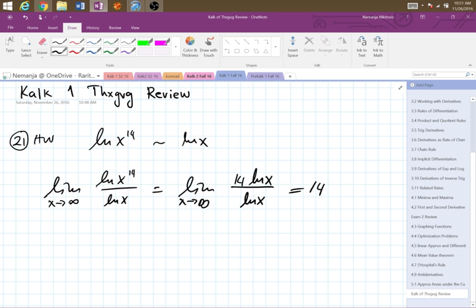Now, we don't really have to use L'Hopital rule on this one. You can. We don't have to. Since the limit is a finite value, they grow at comparable rates.